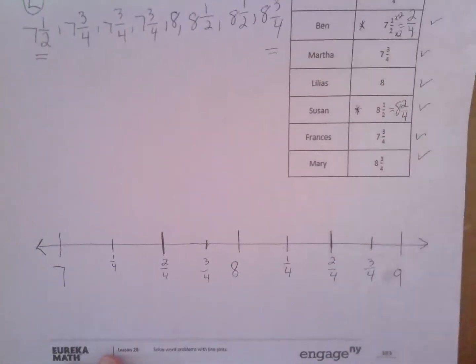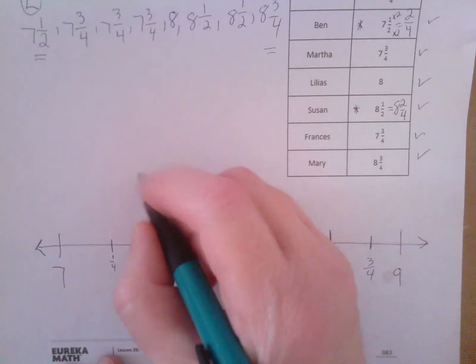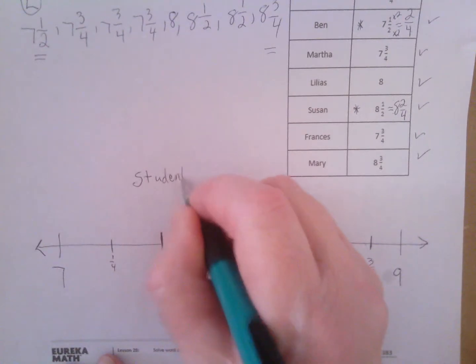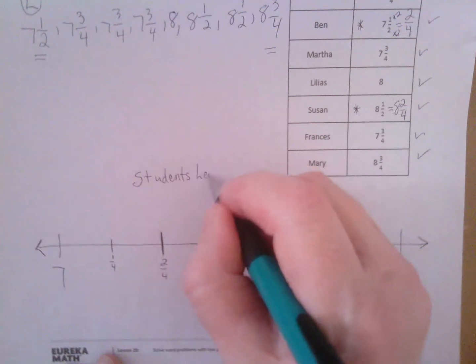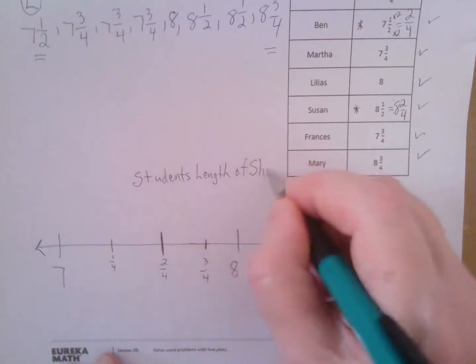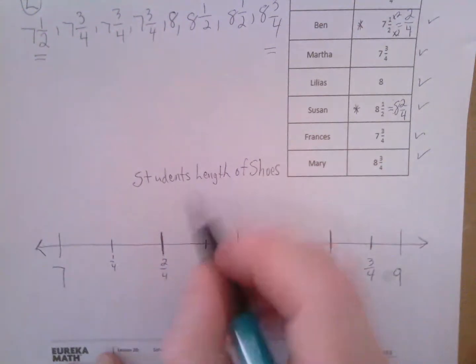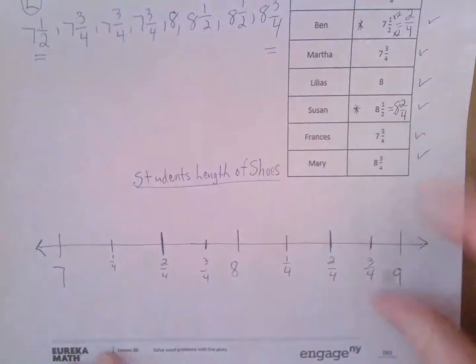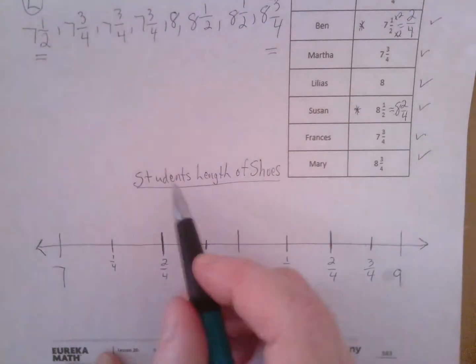So my title would be Students' Length of Shoes. That's my title. That's what the information on this line plot is for. So I do have a title.